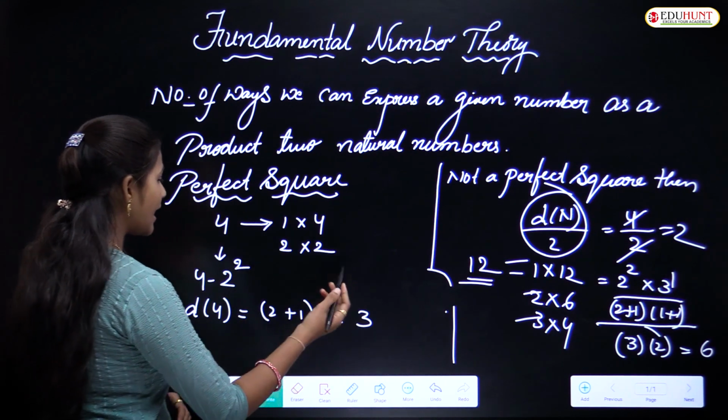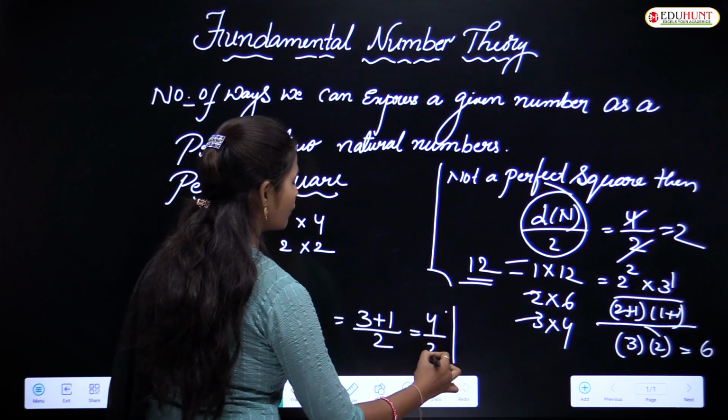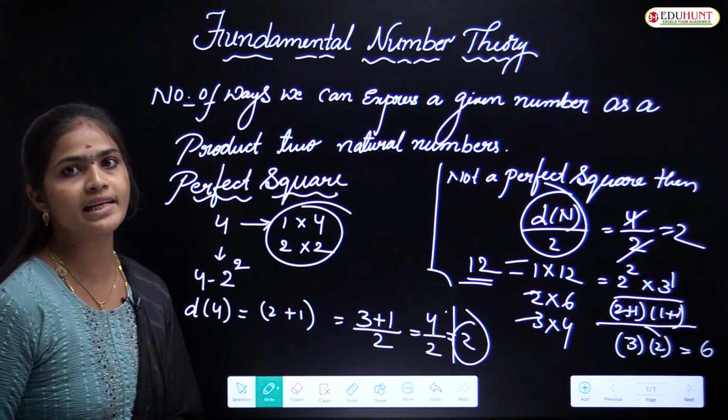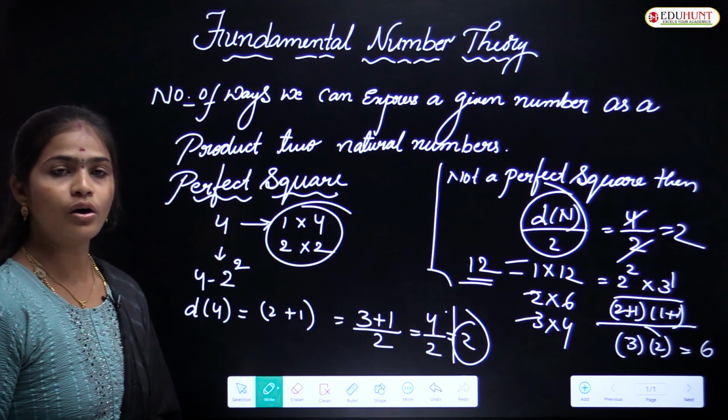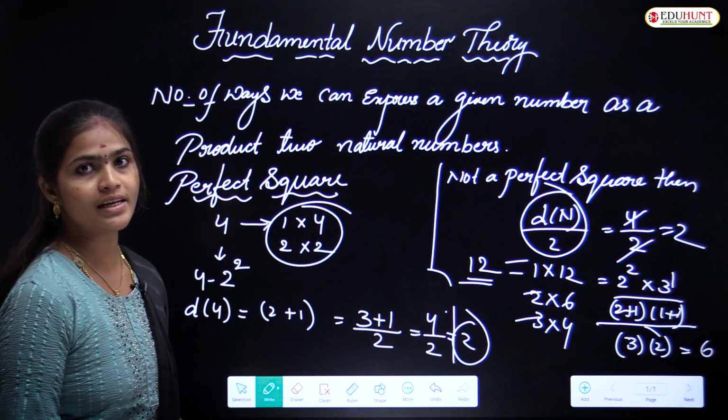So we add 1 here: 3 plus 1 by 2, which is 4 by 2, so we get 2 ways. In 2 ways we can express it. Or here we can take the formulas, one is plus 1, another is minus 1 also.